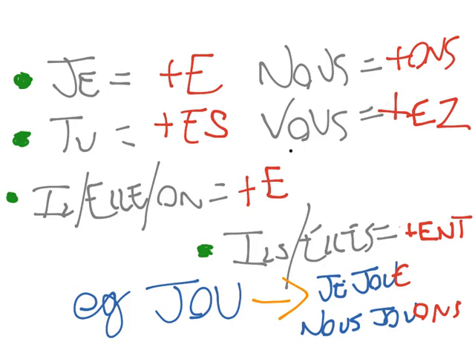Another really important thing to remember here is that everything with a green circle, those endings are all silent. So if I were to say I play, je joue, you play, tu joues, he plays, il joue, or they play, ils jouent, you'll notice the verb sounds exactly the same. It's only in the we and the you form that there's any difference.